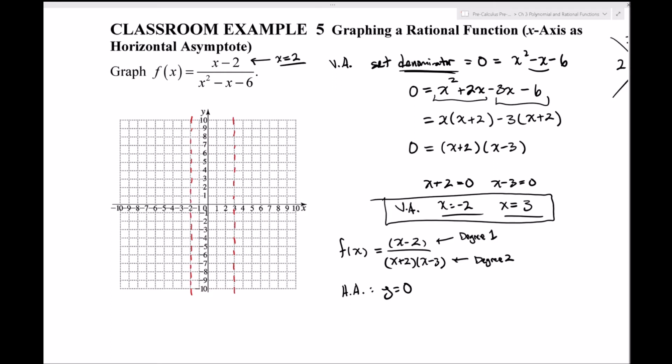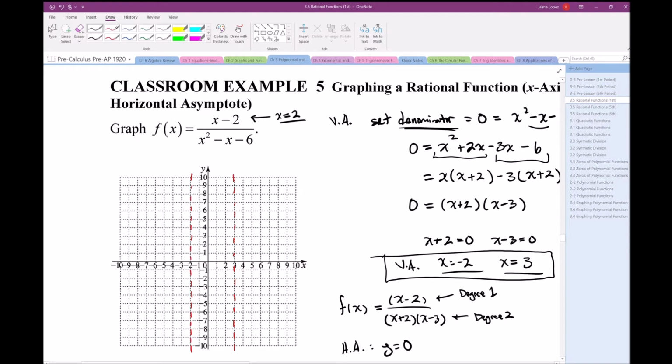We'd have a hole, a discontinuity there. Okay, so then my horizontal asymptote is the x-axis. So I'm drawing another dotted line. In this case, the x-axis. So those are both of the asymptotes.